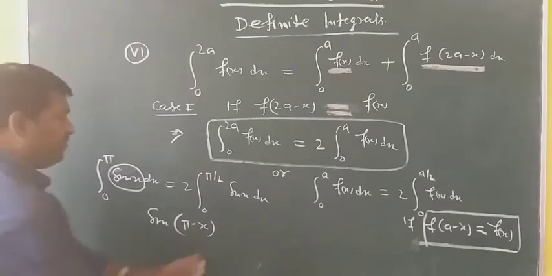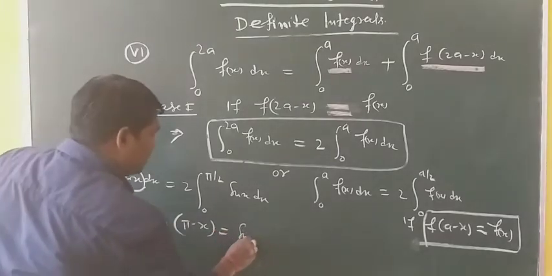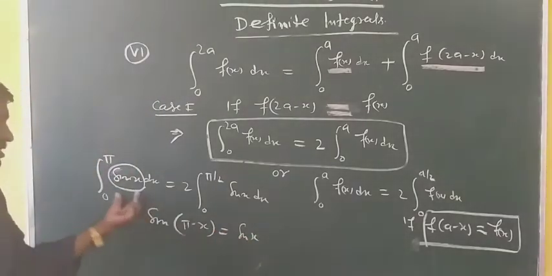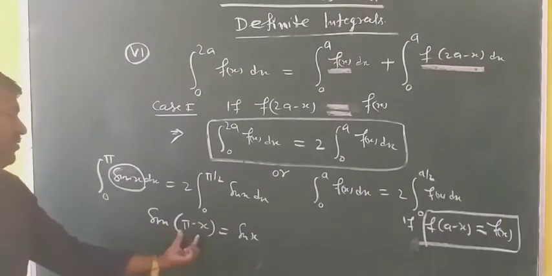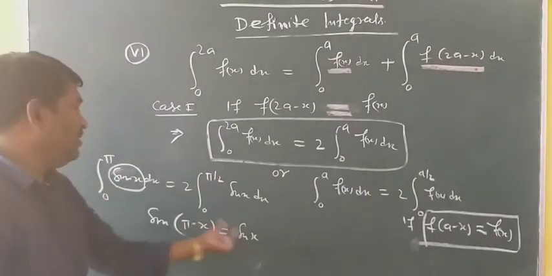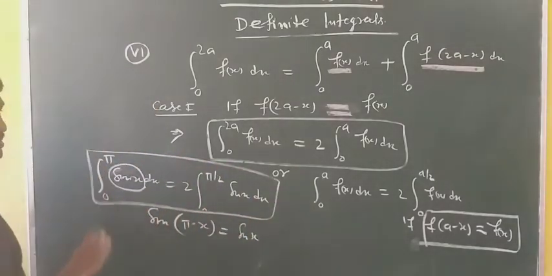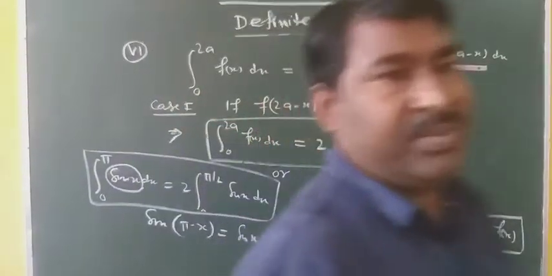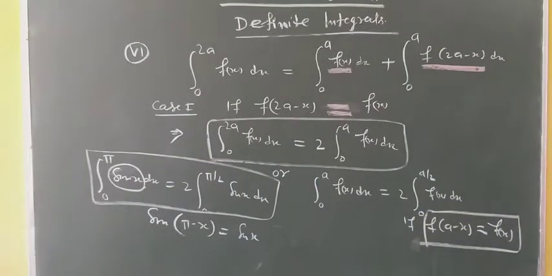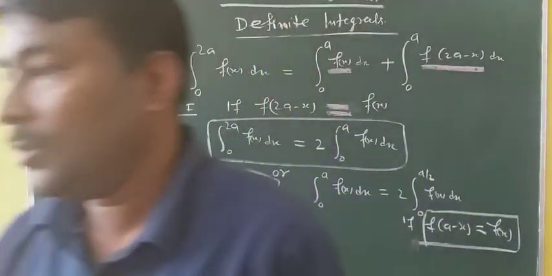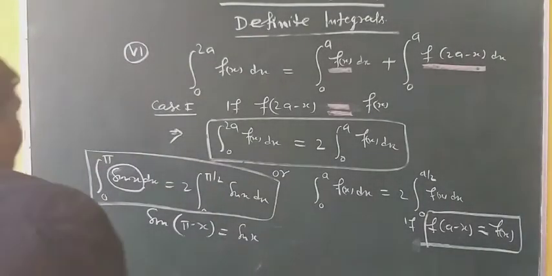Here sin(pi minus x) is what? Sin x. Of course, since sin(pi minus x), meaning f(a minus x), is f(x), you can write it. Yes, it is correct. No problem here. All right, so you can apply this property here.